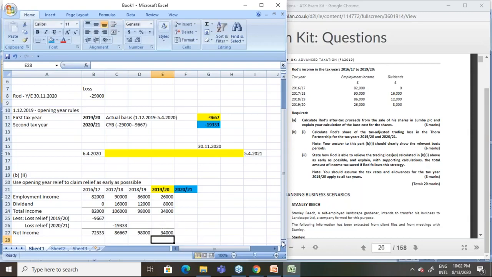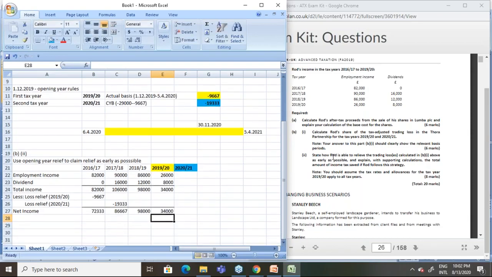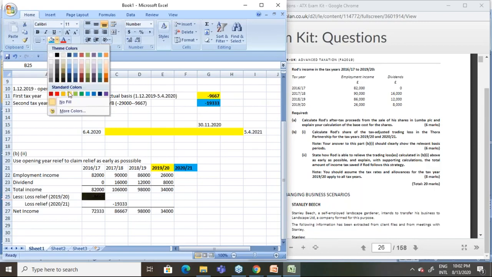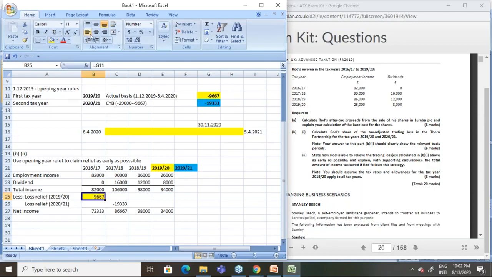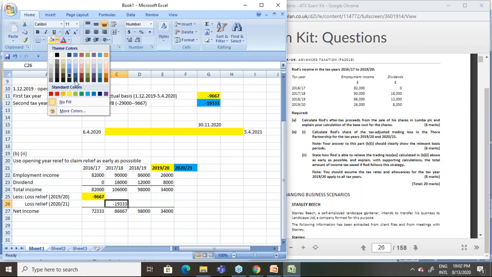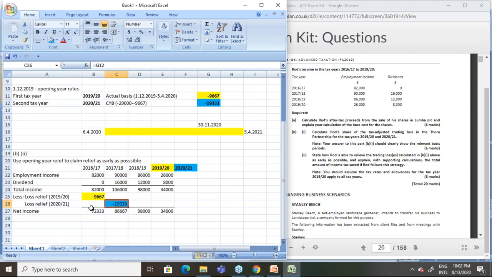Okay. So state how Rodney is able to relieve the trading losses as early as possible. So in this particular way, 9,667 and here 19,333. So you can claim the full loss there.